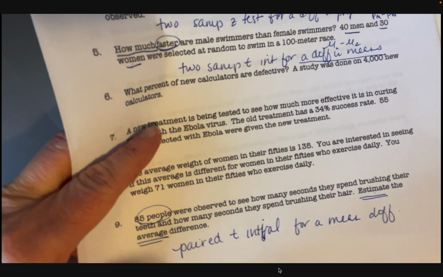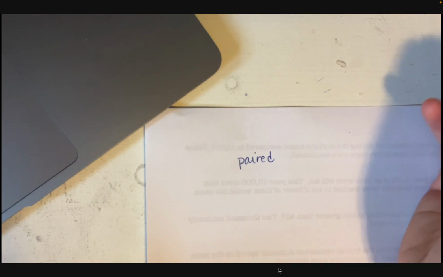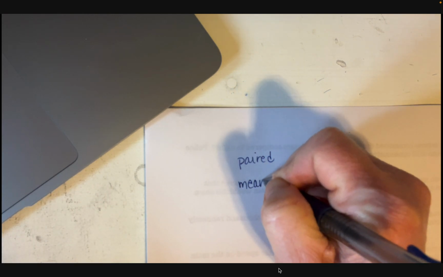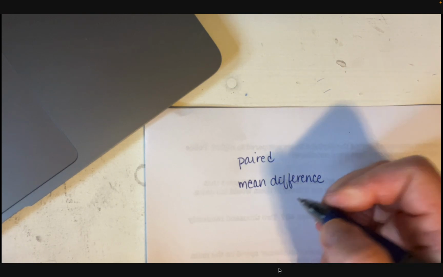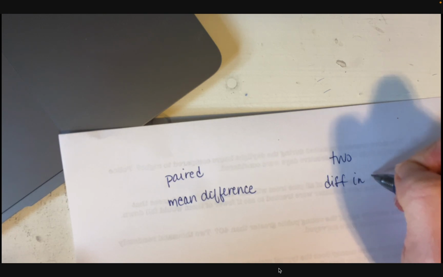And real quickly here, I've probably mentioned this before, but when you're doing a paired test or paired interval, it says it's for a mean difference. When you're doing a two sample, we say difference in means.